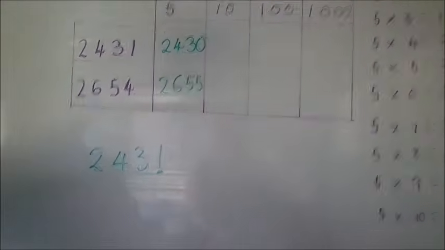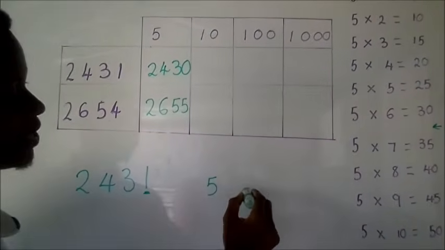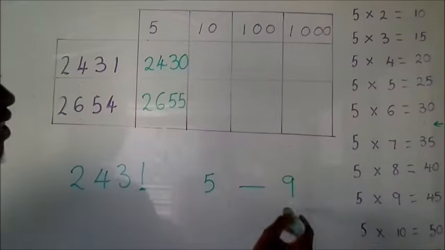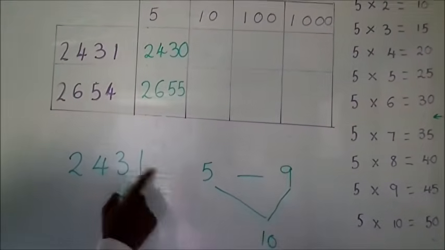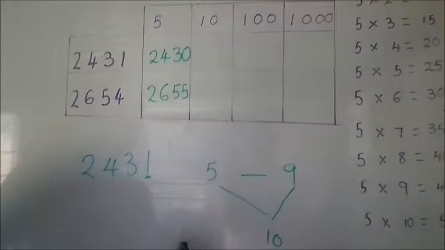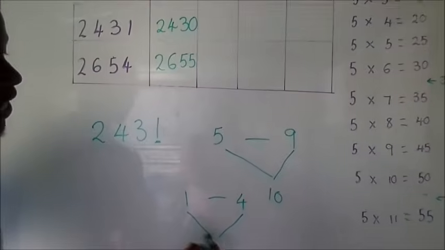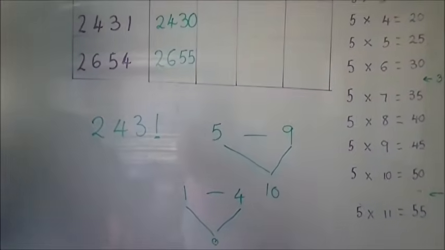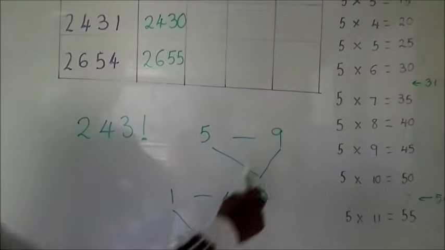So for us to start, we need to know that if a number is 5 up to 9, it rounds up to 10. If a number is 1, 2, 3, 4, it rounds back to 0. So if a number is either 5, 6, 7, 8, 9, it will round up to 10.